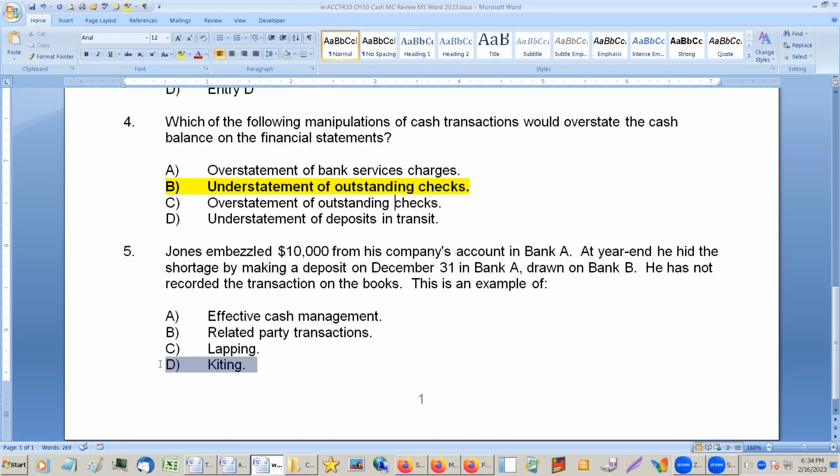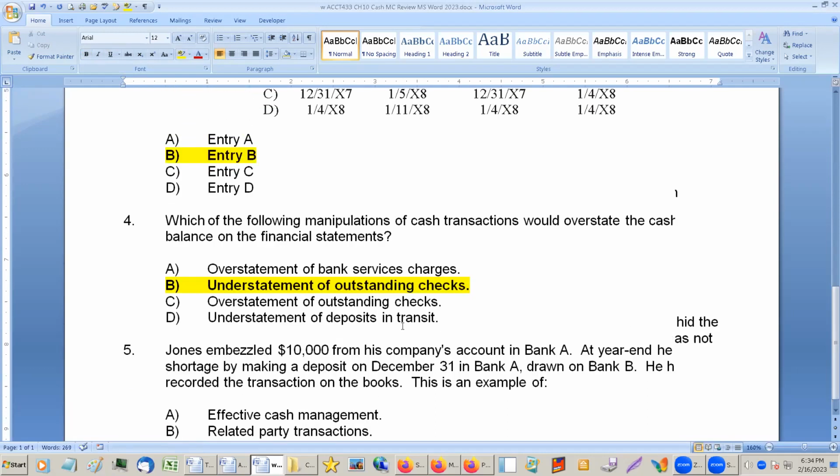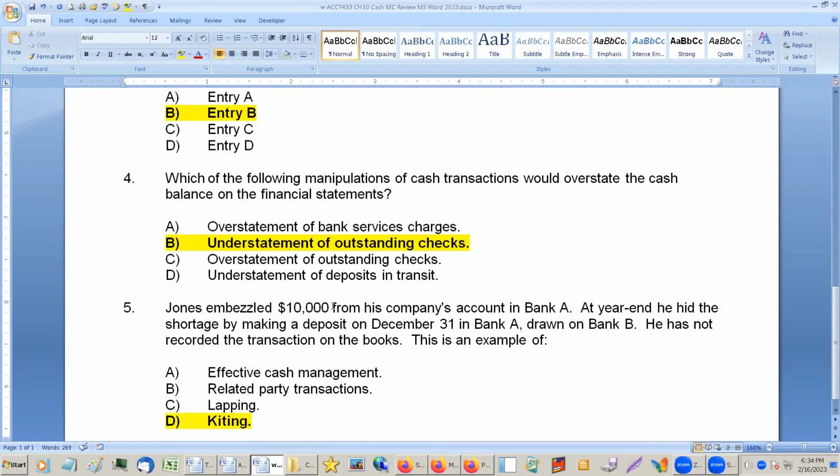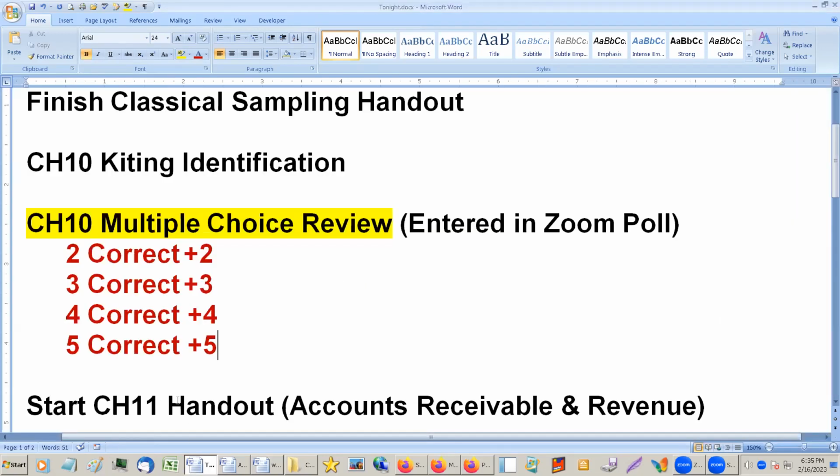It's kiting, using the bank float. It has not recorded the transaction on the books, so it's going to look like money magically showed up at year end on one of the bank statements. Okay, you guys got all of them.